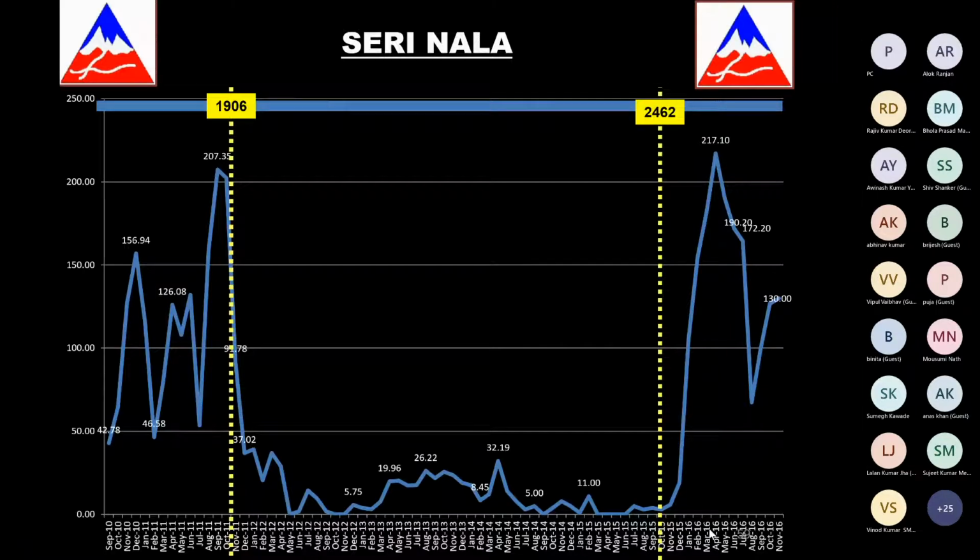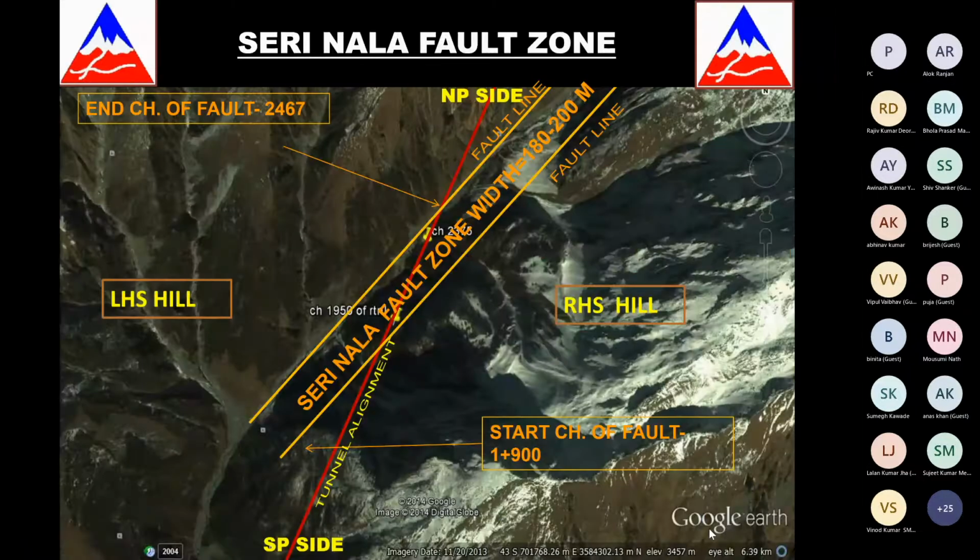So what was it? It was basically that the tunnel was passing underneath a nala. It is not that the nala was crossing the tunnel cross section. The nala was still about 300-400 meters above. But this nala basically has a fault.